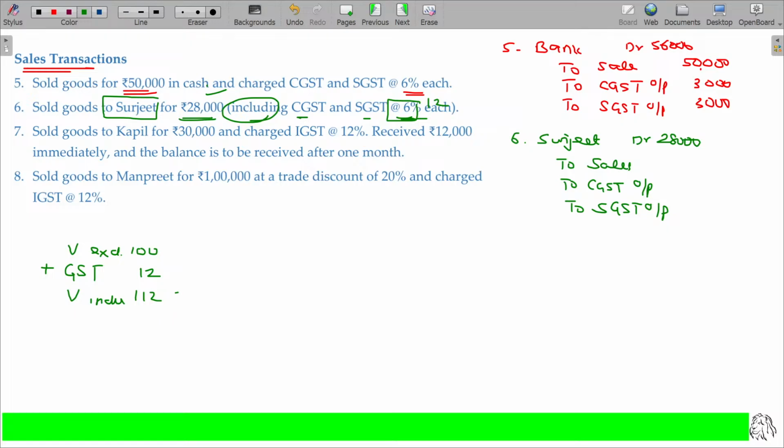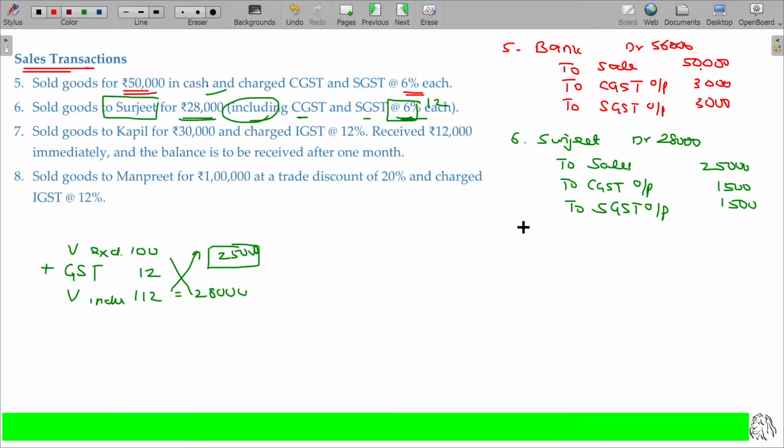This 28,000 rupees is inclusive of GST, meaning 112 share. If 112 share is 28,000, then what about the 100 share? Come on, what's the value? Yes, this value is 25,000. So sales value is 25,000, and on that 6% for CGST, 1,500, another 1,500 for SGST.